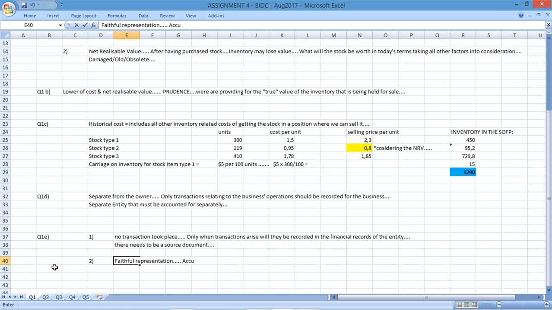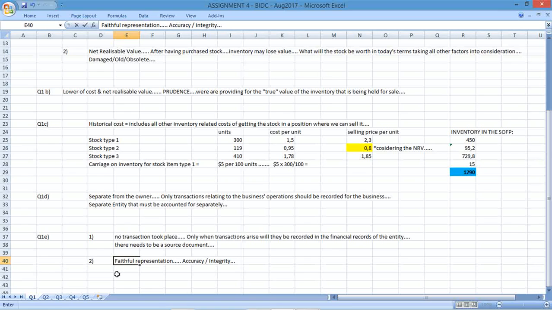So that would be accuracy, integrity relating to the financial statements in terms of characteristics. Accuracy, integrity, and honesty. We're looking at representing information honestly, correctly.